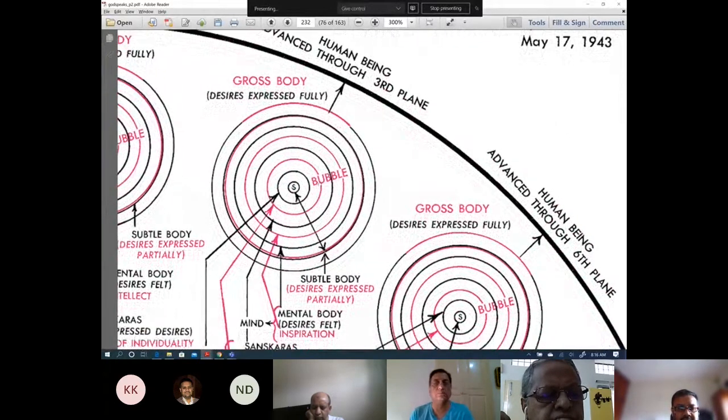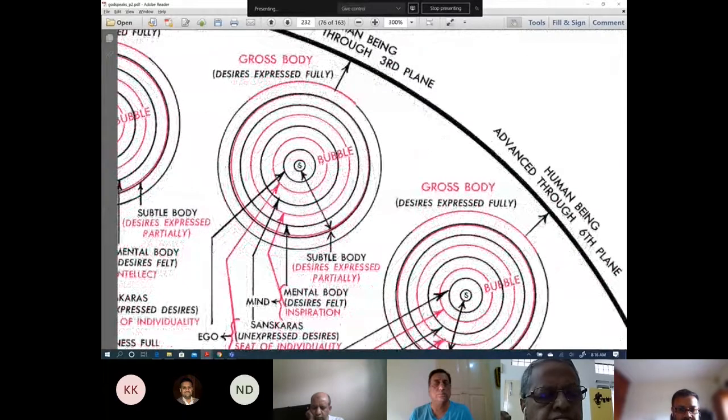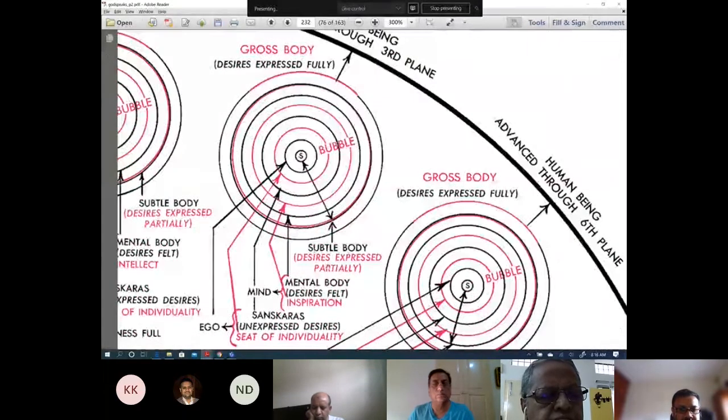So first is the soul, first circle. Around that is the ego circle, which is the same one. The pink one continues to be the seat of individuality. The black one is the sanskaras. I mean, that's the circle of the mind, where mental body and sanskaras are in the black part. And from intellect, you move to inspiration, because you are now in the third plane, in the pink circle.